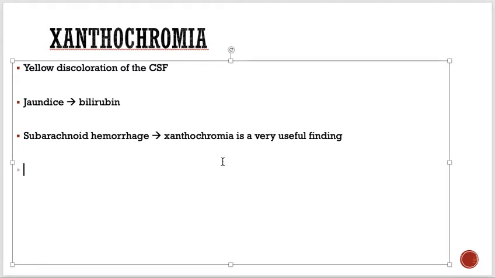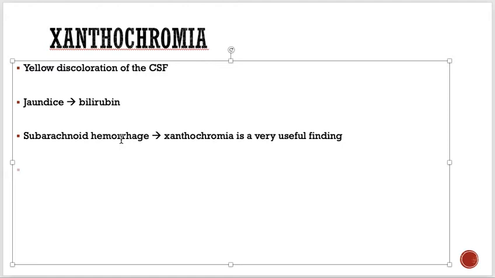When the CT scan comes back normal, then we go for lumbar puncture when we suspect subarachnoid hemorrhage. These patients present with the worst headache of their life. This is what is done, by the way.